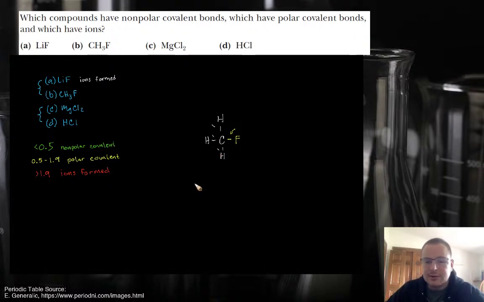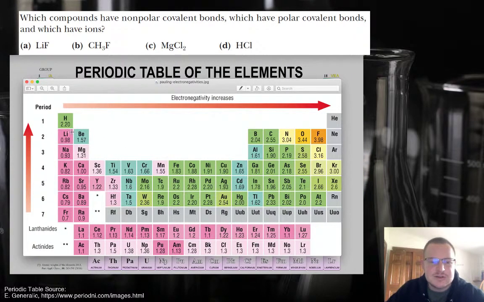So that means we need to look at the electronegativity difference between hydrogen, carbon, and fluorine. The electronegativity of hydrogen is 2.20, you can see up here in the top left. The electronegativity of carbon is 2.55. And the electronegativity of fluorine, as we talked about before, is 3.98.